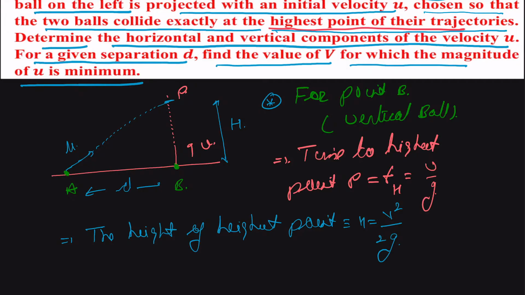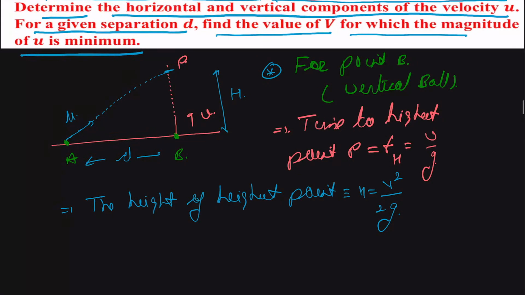So if you want the projectile or balls from A and B to collide at P, then it has to satisfy two conditions.